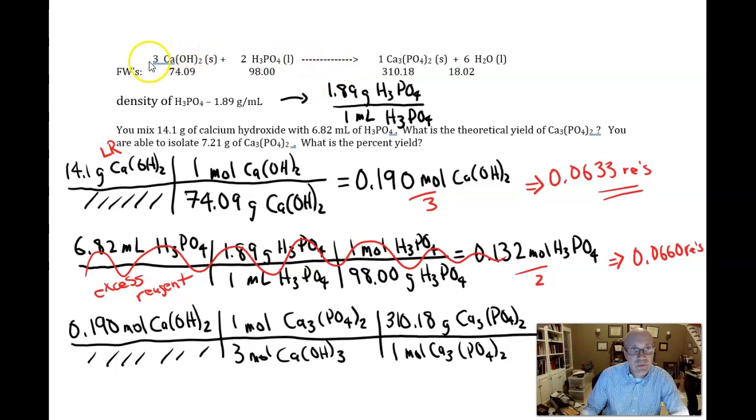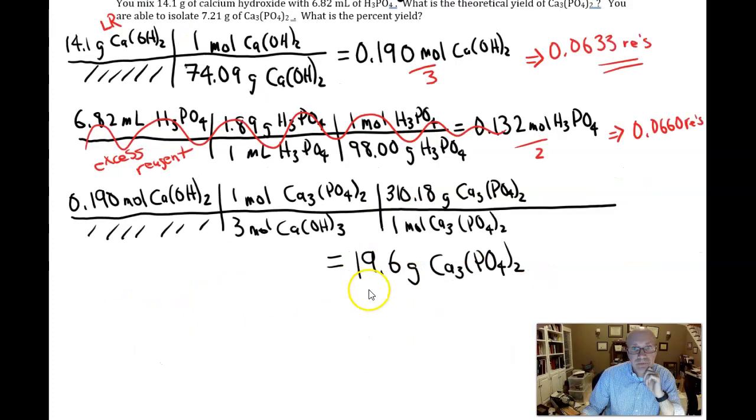Remember, that comes from the balanced reaction. For every 3 moles of this thing right here, we should only be able to make 1 mole of this material right here. Then we use the molar mass relationship right there to convert that into grams of calcium phosphate. You'd have this little crossbar right here, and that would give you 19.6 grams of calcium phosphate. One thing I want to point out is to make sure that you're paying attention to significant figures.